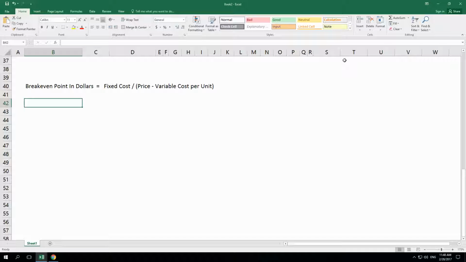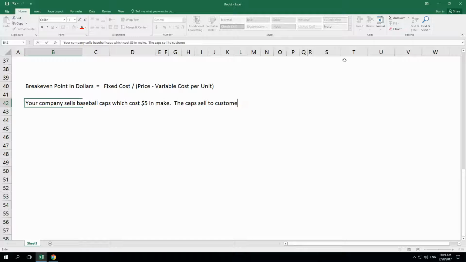So, a quick example. Let's say your company sells baseball caps, which cost $5 to make. The caps sell to customers at $25 each.